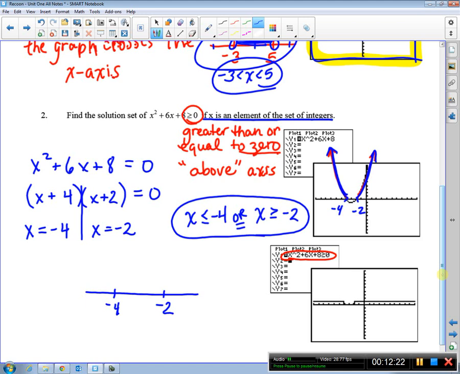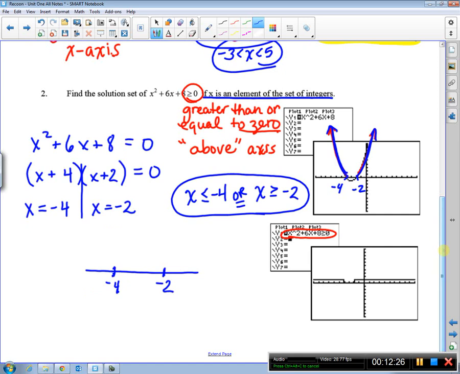Using the method of checking around the critical points, we might decide to check, you gotta be really good with your number line, 0. We might check -3, and we might check, let's go crazy, -10.